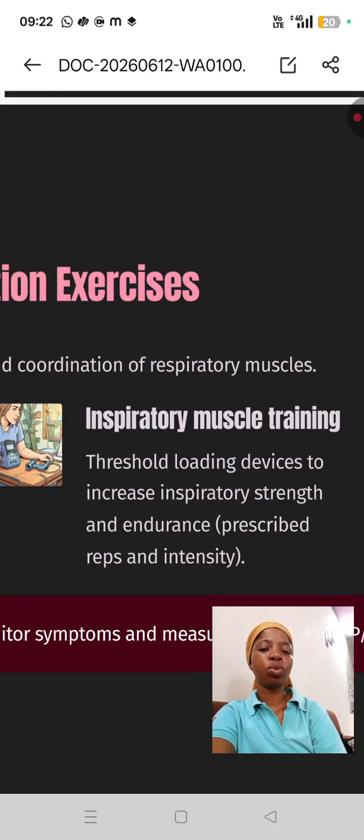Inspiratory muscle training: use loading devices to increase inspiratory strength and endurance, and prescribe rates and intensity.